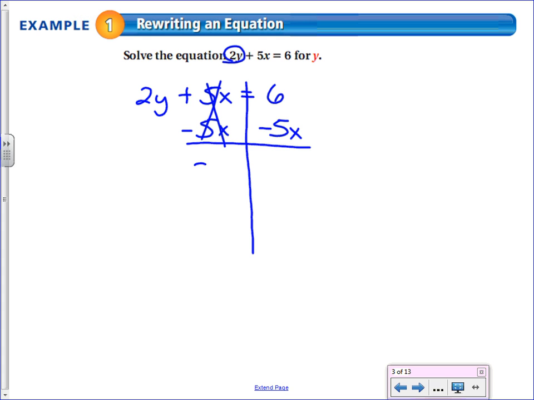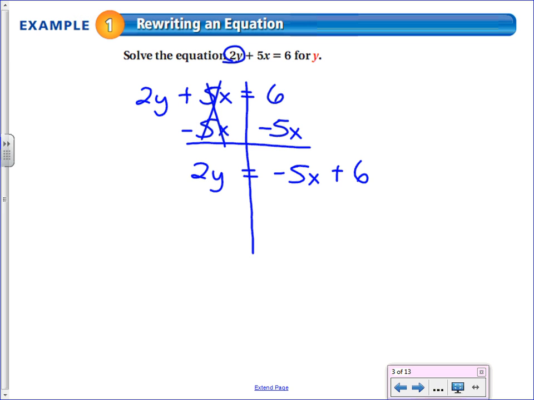Now that's going to give me 2y equals 6 minus 5x. I cannot do 6 minus 5x because they are not like terms. So I'm going to have negative 5x plus 6. So I'm left with 2y equals negative 5x plus 6.